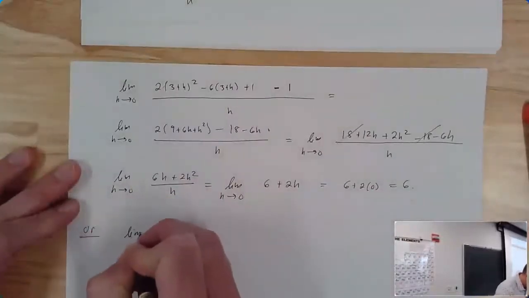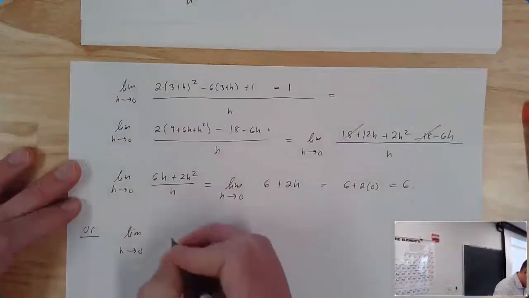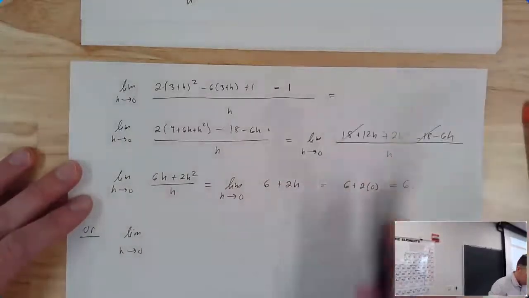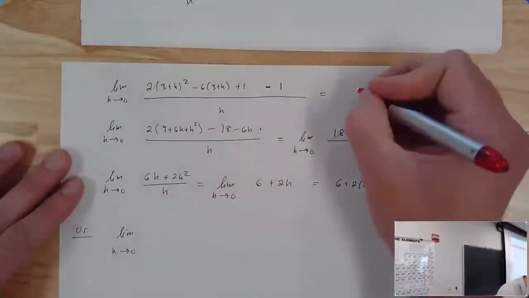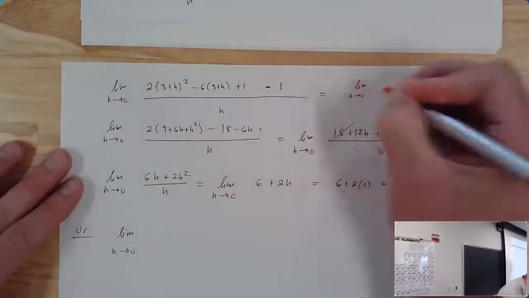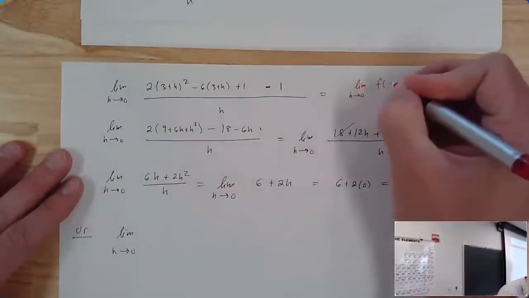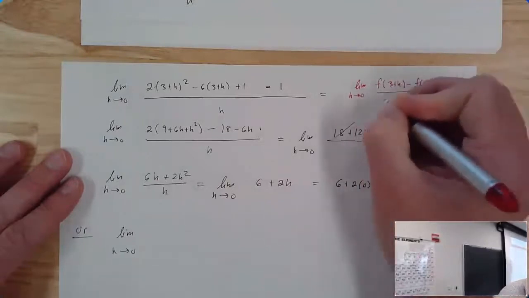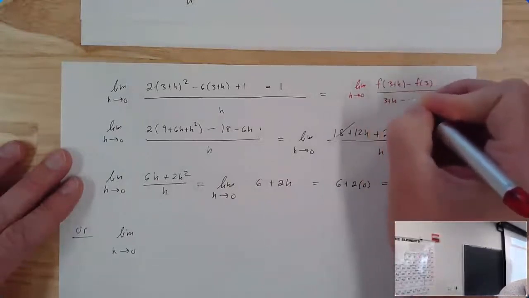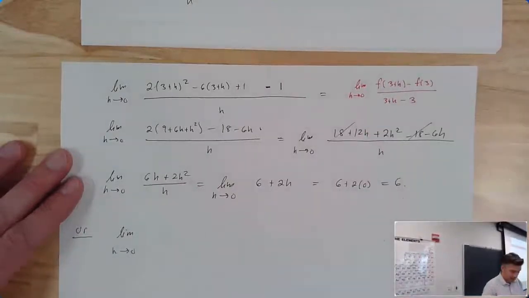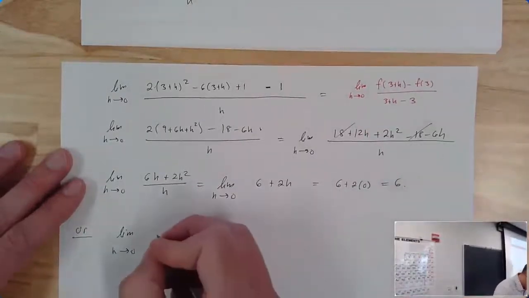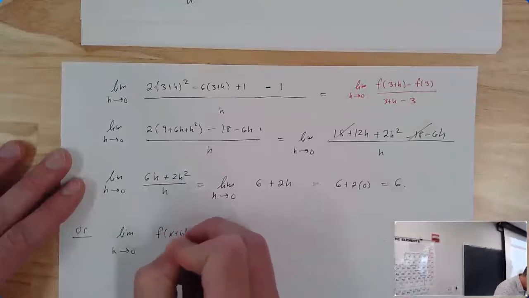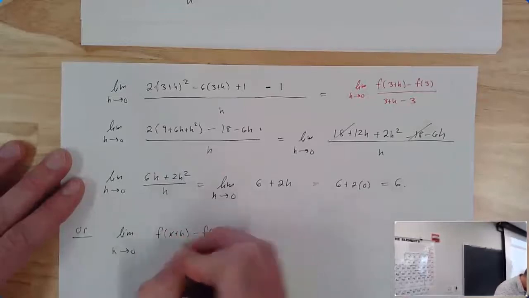So we're going to look at the limit as h goes to 0 of, instead of f of 3, so this here, I'll just remind you, this was the limit as h goes to 0 of f of 3 plus h minus f of 3 all over 3 plus h minus 3. Now we're going to use a variable instead of the constant 3.